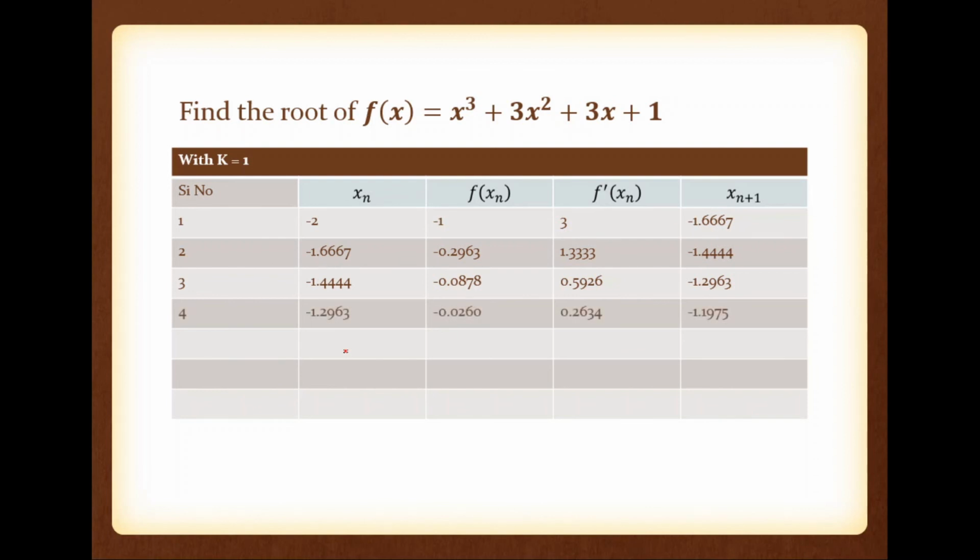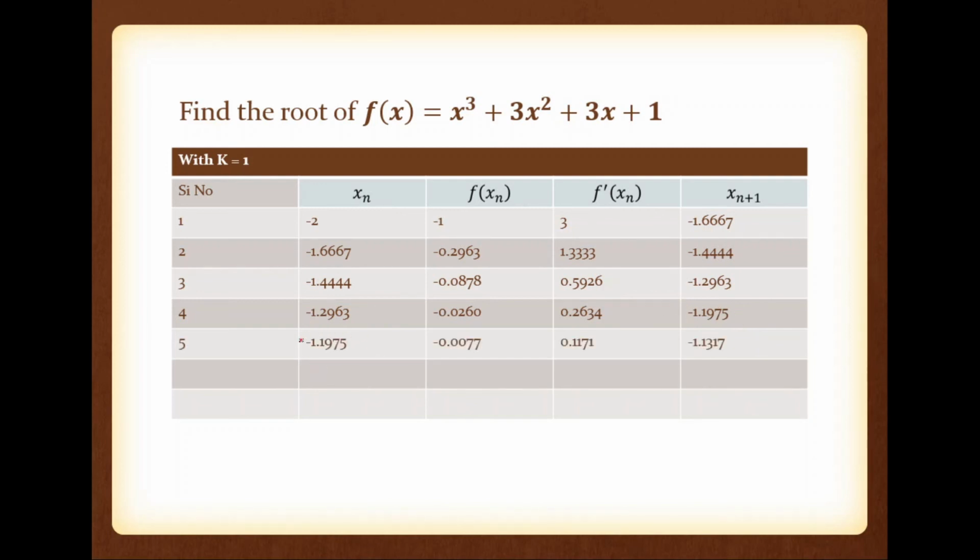Now, what about fourth iteration? Xn is minus 1.2963. F of xn is minus 0.0260. F dash of xn is 0.2634. So, what about xn plus 1? Xn plus 1 is minus 1.1975. So, that is xn plus 1 after fourth iteration. Now, fifth iteration.